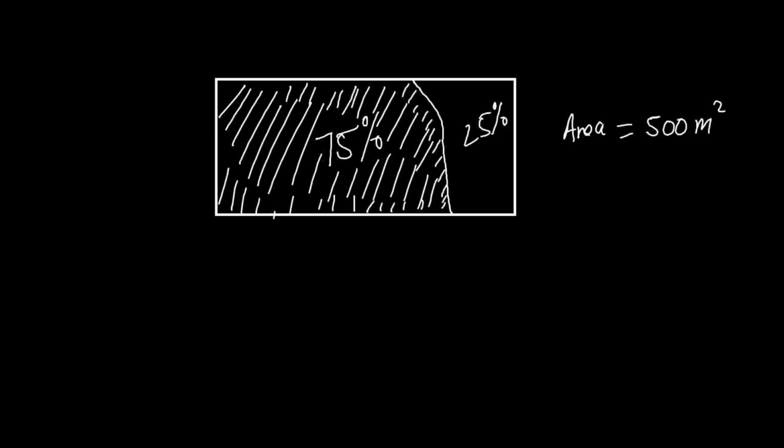If I have to ask you, it's going to be 500 meters squared times 75%, because 75% is the shaded part. So the shaded part is 375 meters squared.